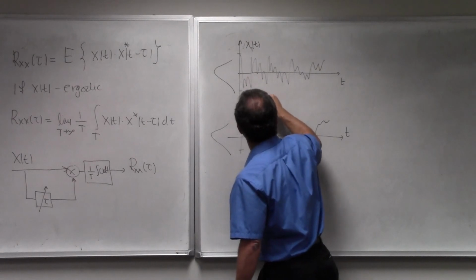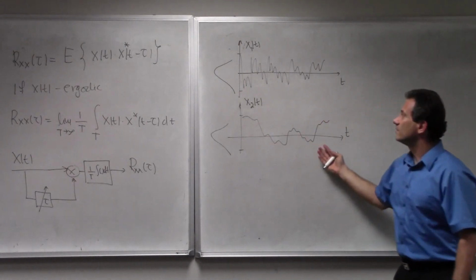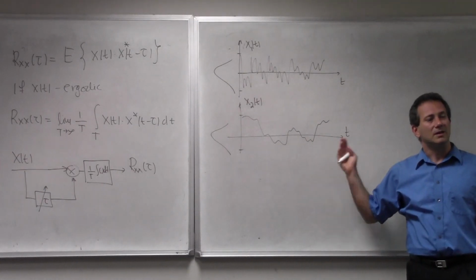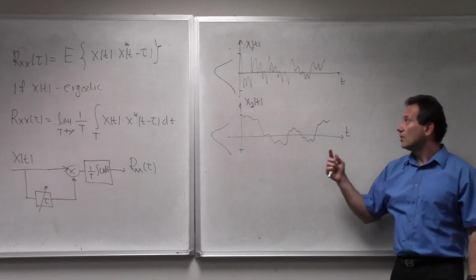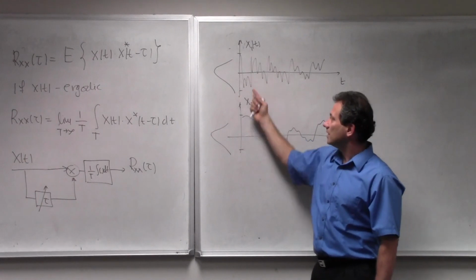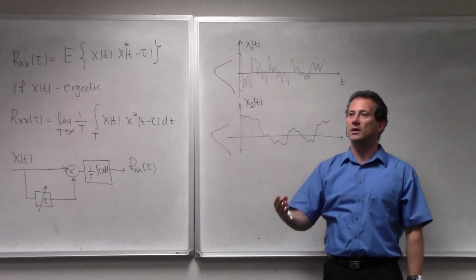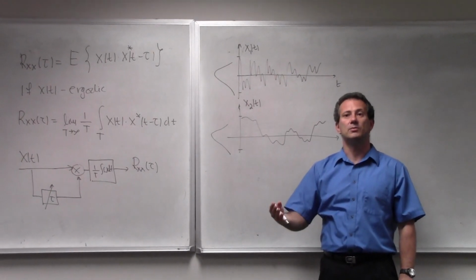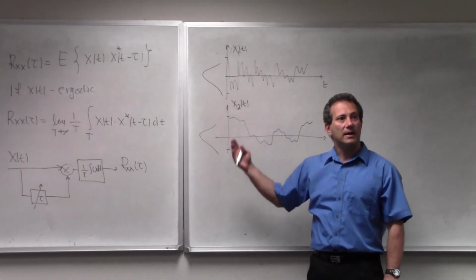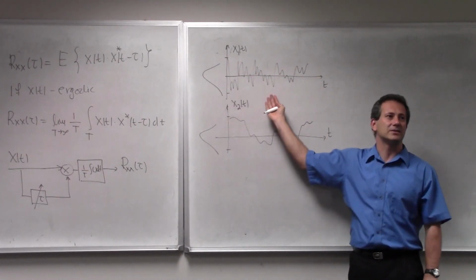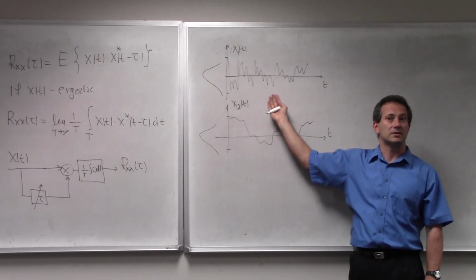They're distinct. How are they different? Which domain are they different in? In the time domain, right? So you can have two processes which have the same behavior in the amplitude domain, let's say normally distributed in the amplitude domain, but have a different behavior in the time domain. This process is much faster, right? It changes faster.